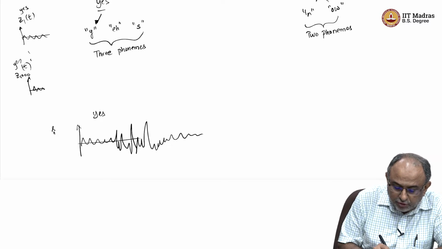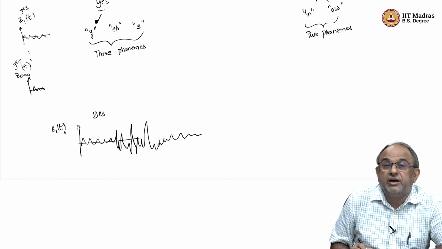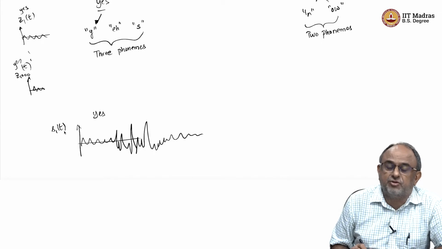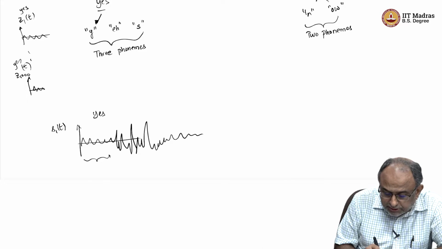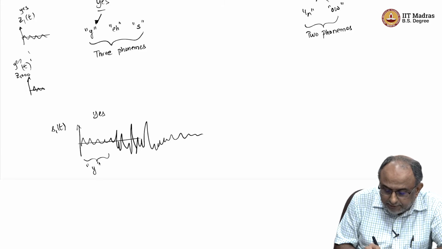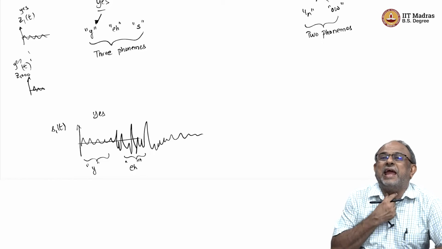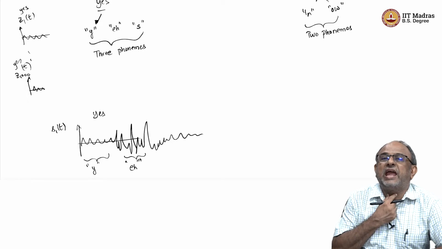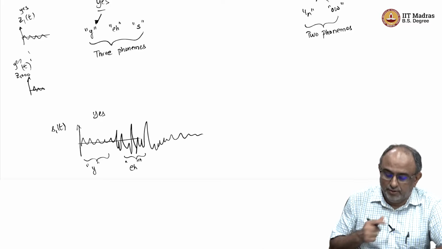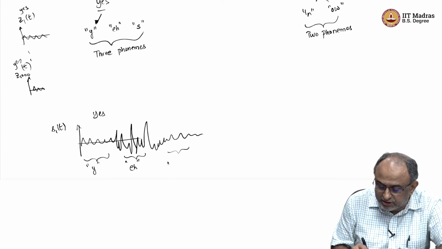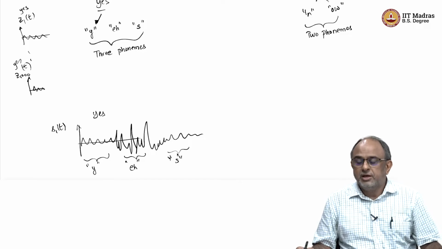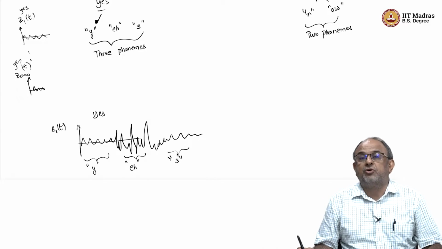If you look at Z1(t), there are different kinds of patterns you will see. Some portions will correspond to the 'y' part, and here you will see the periodic part, which is the 'e', and this part is the noise-like sound, the 's'. So this is how it is going to behave.